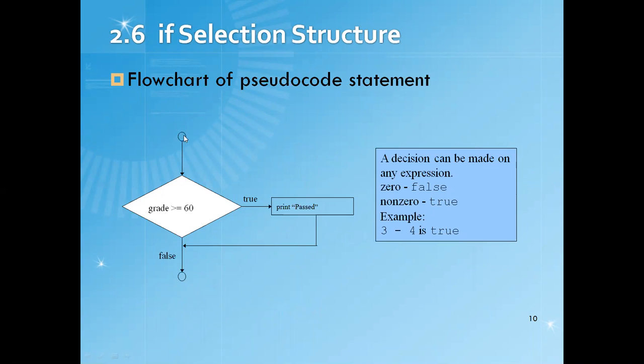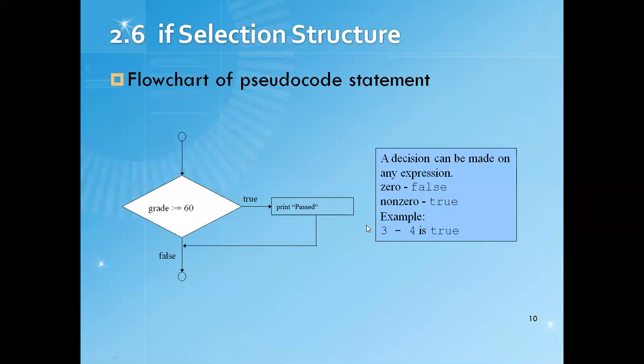This is the starting point, and this is the ending point. I'm starting: if the grade is greater than or equal to 60 and it's true, then just print this out. Otherwise, just finish. This is called a single statement.